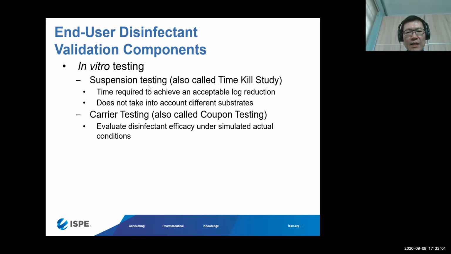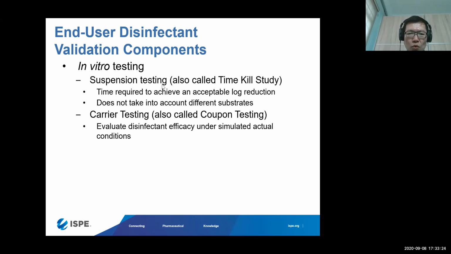As the name suggests, basically you introduce the microorganisms into a test tube of the test disinfectants. This is typically used as a screening tool to compare the efficacy of the different chemical disinfectants.